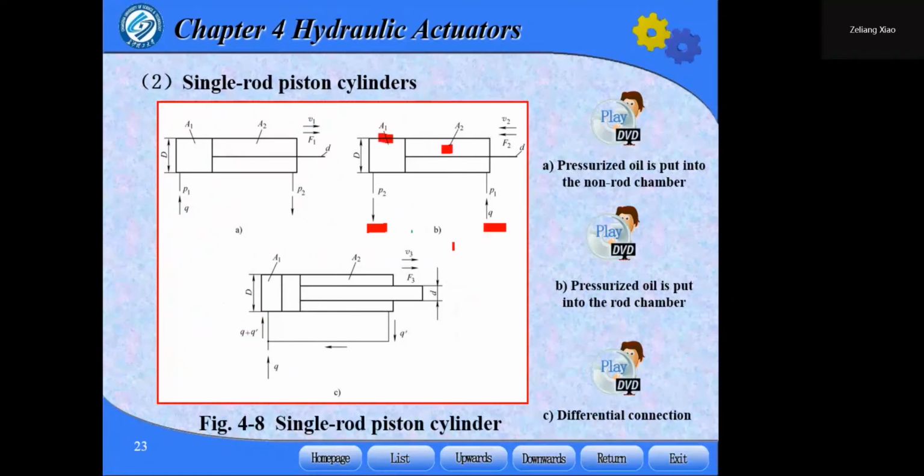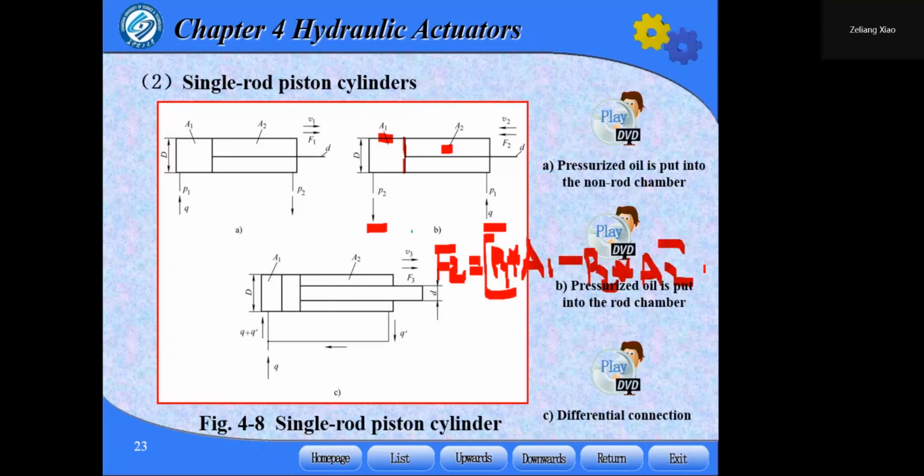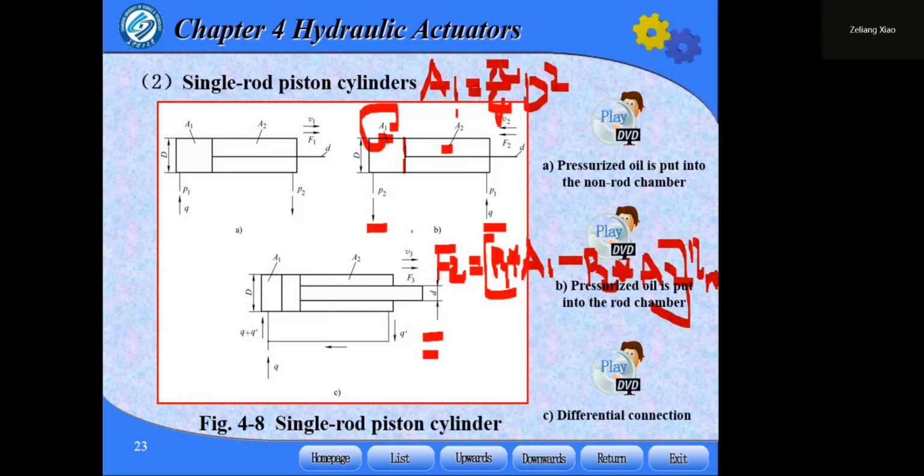So the force F2 equals P1 times the area A1, plus P2 times A2, also multiplied by the motion speed. A1 can be calculated, A2 as well.